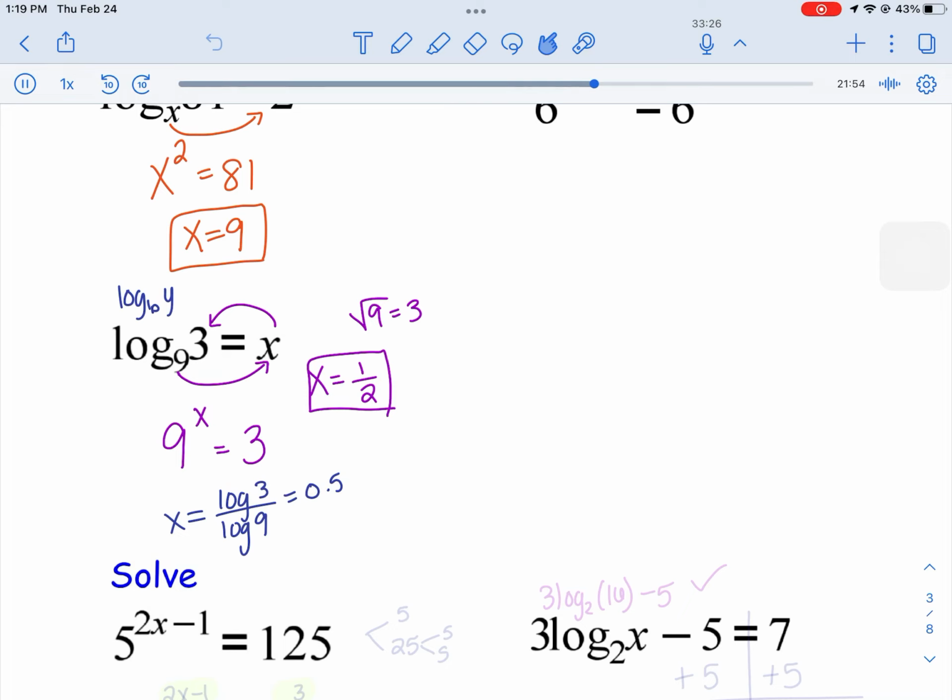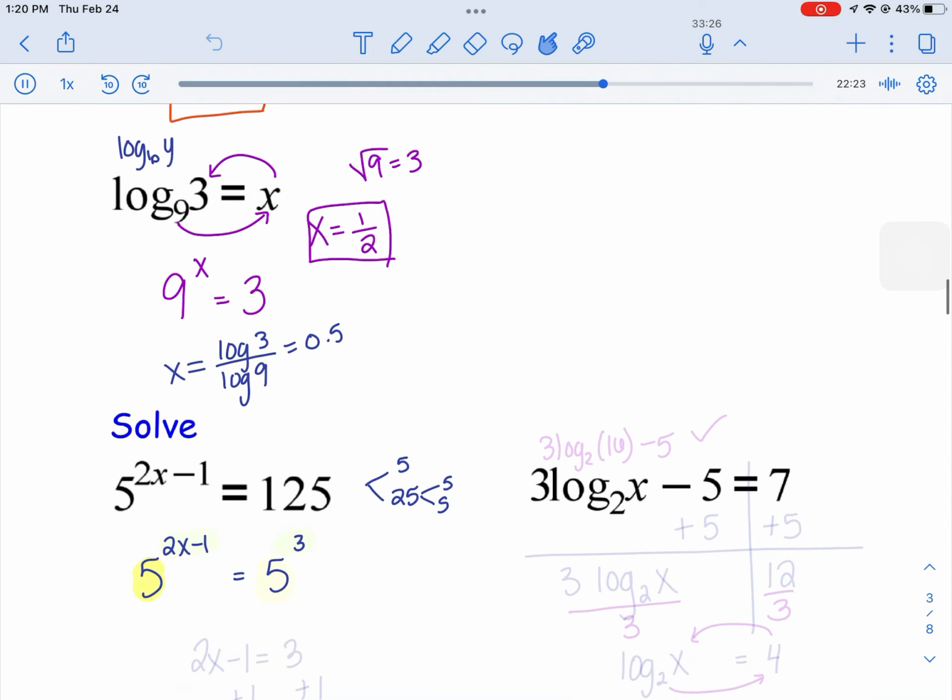I skipped the one up there to the right, but that's because it's similar to this one here, where I have 5 to the 2x minus 1 power equals 125. And I know that 125 is the same thing as 5 cubed. So I could rewrite this like this.